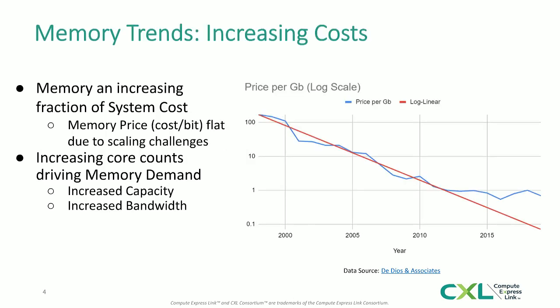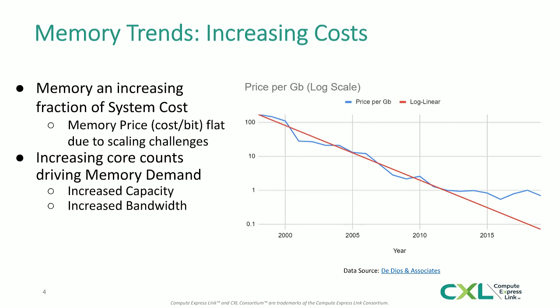So this first slide, I want to highlight a trend that shows that memory costs have basically stagnated after scaling down nicely for a period of time. Cost per bit used to drop year over year, but starting about 2013 or so, memory prices have flattened, and this causes an impact to system level cost because memory is an increasing fraction of system cost.